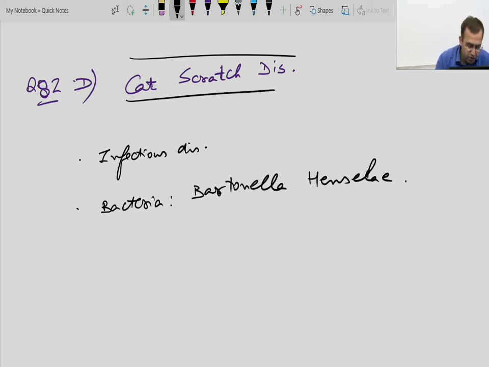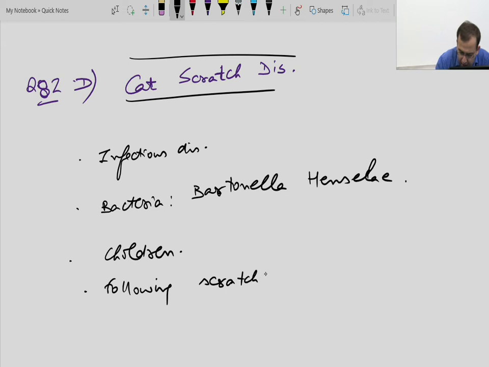First point. Next point, why does it occur? Usually in children following a scratch or bite from a cat. The name tells you that.